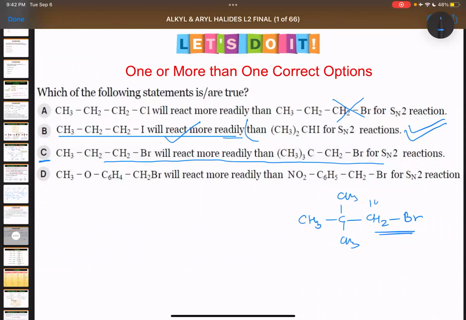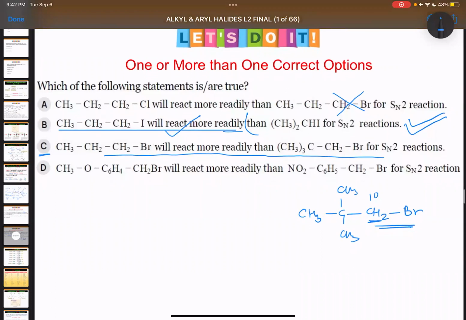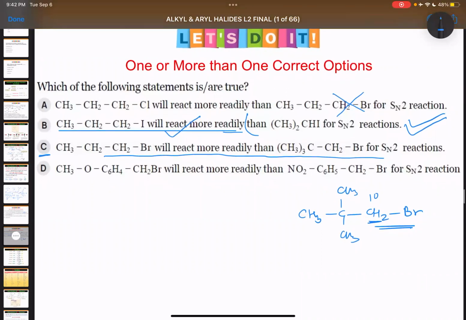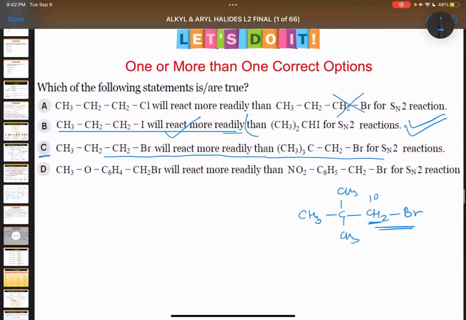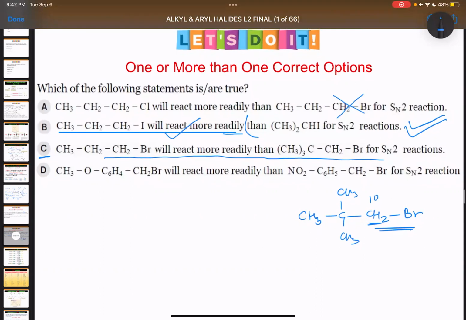But in spite of being primary, why are they inert? Steric hindrance. Yeah, because though they are primary, they are heavily branched on the carbon atom, so we can't have reactions on these. So this is also correct.